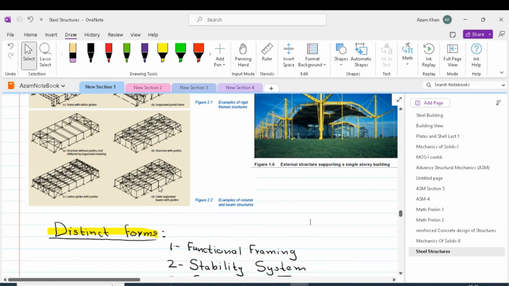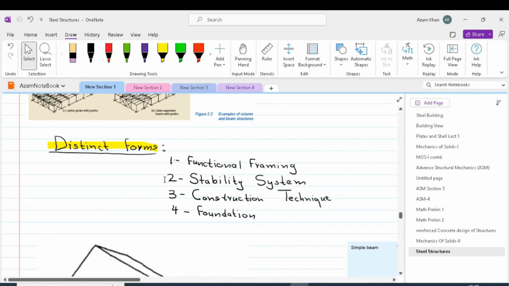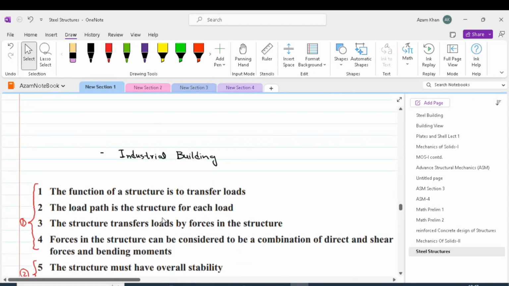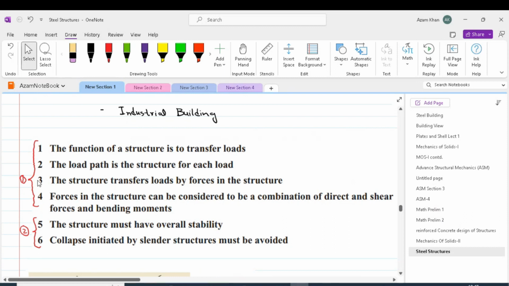steel structures. As we discussed in the case of our multi-story buildings, there are four variables which distinguish one form from another. These four variables encapsulate the six concepts which we discussed earlier.